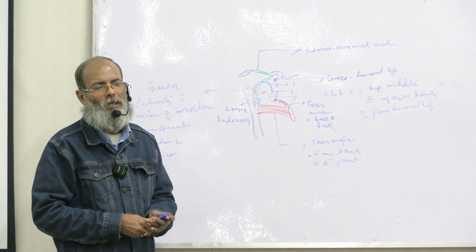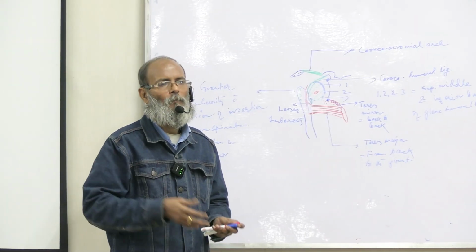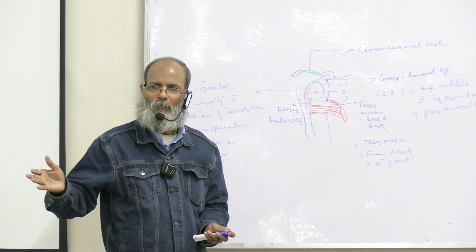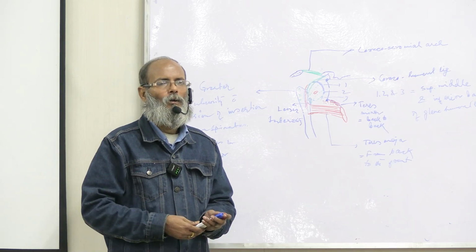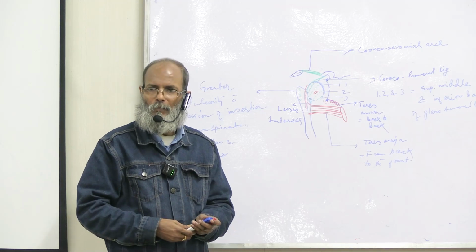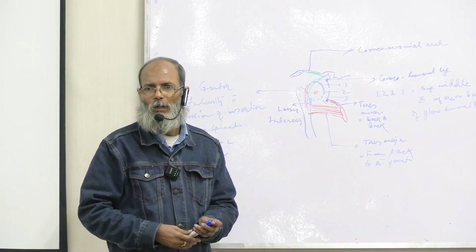Now, nerve supply and artery supply. This you know. The posterior branches from the posterior circumflex humeral artery, suprascapular artery, and branches from the subscapular artery. These three arteries supply the shoulder joint.